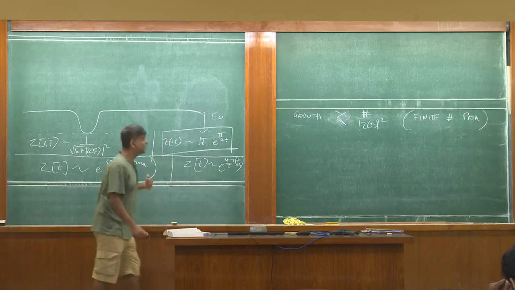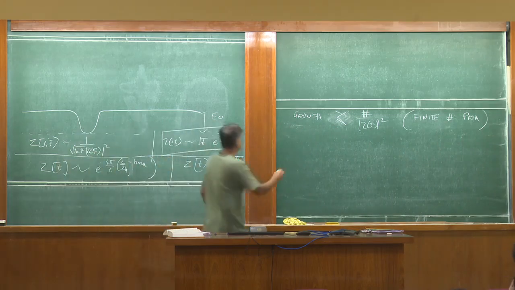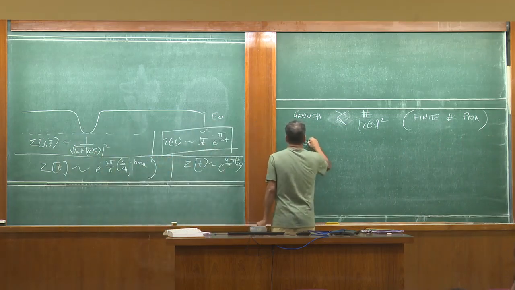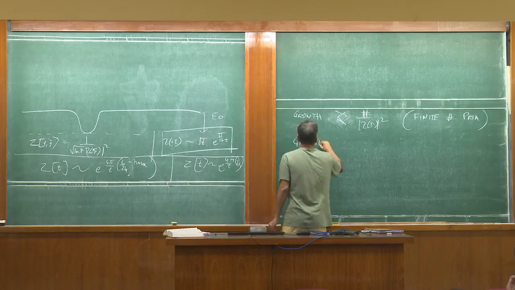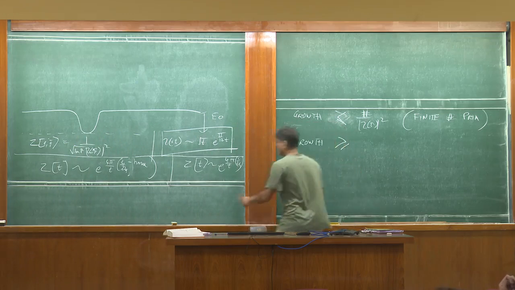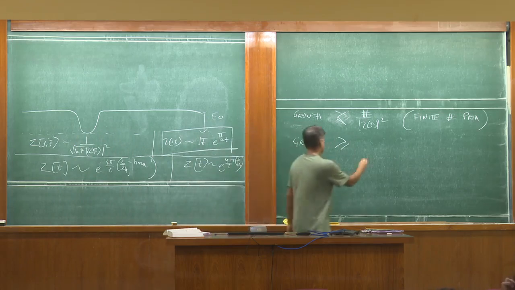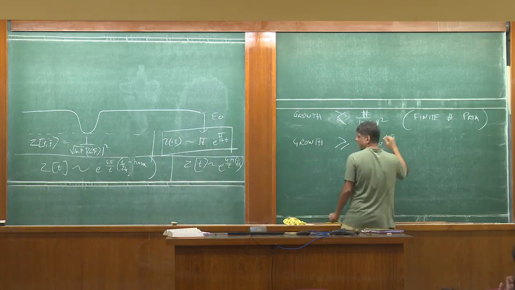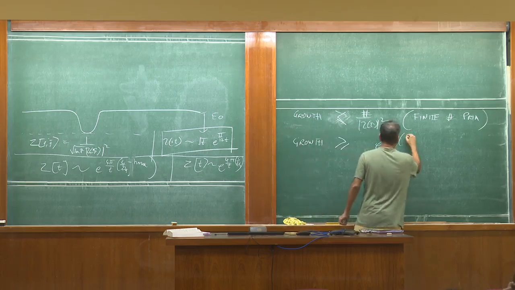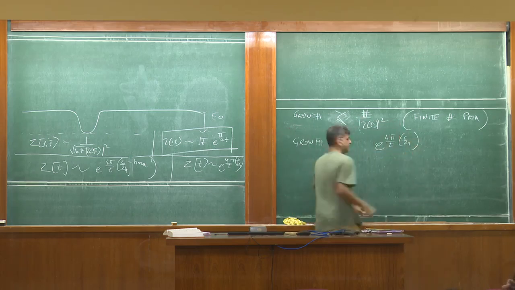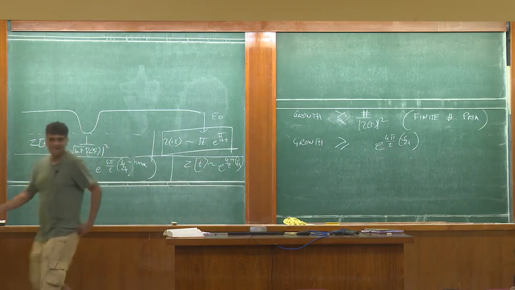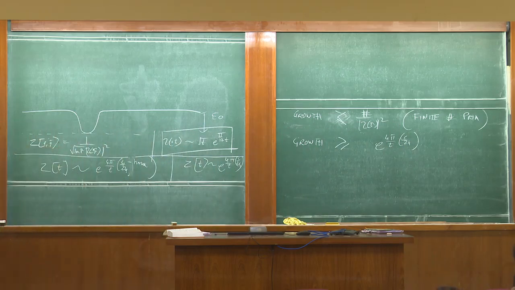So there we are. We've got one inequality. But we've got the second inequality, which was growth is greater than or equal to e to the power 4 pi by t into c by 24. That's clear.